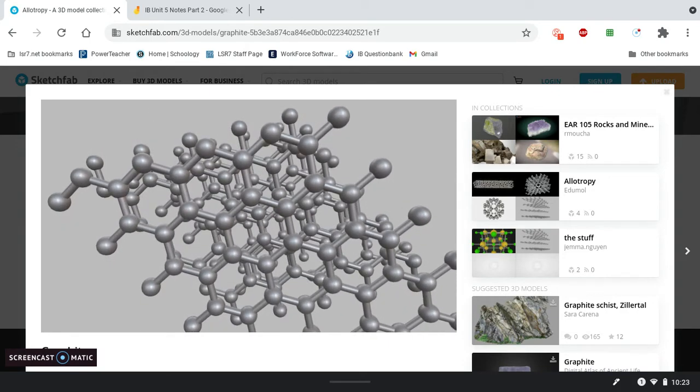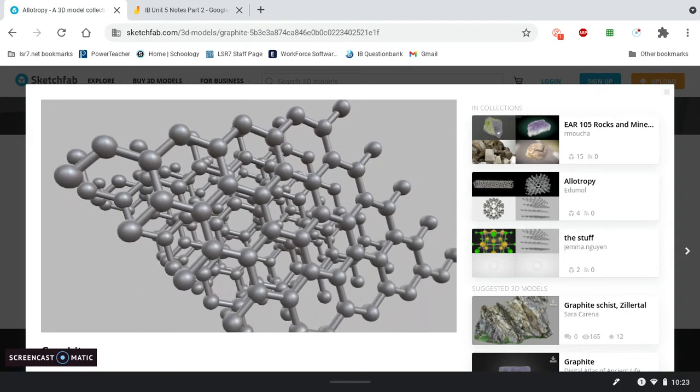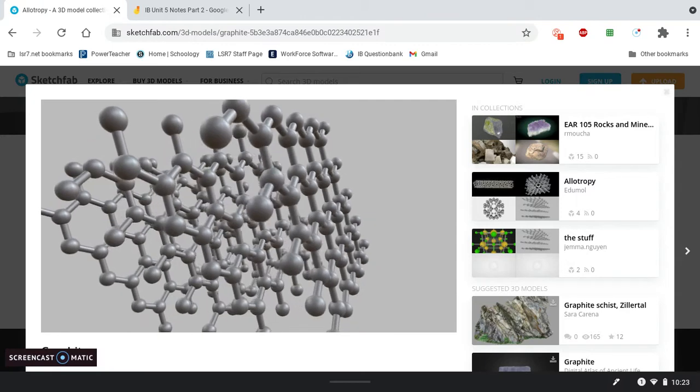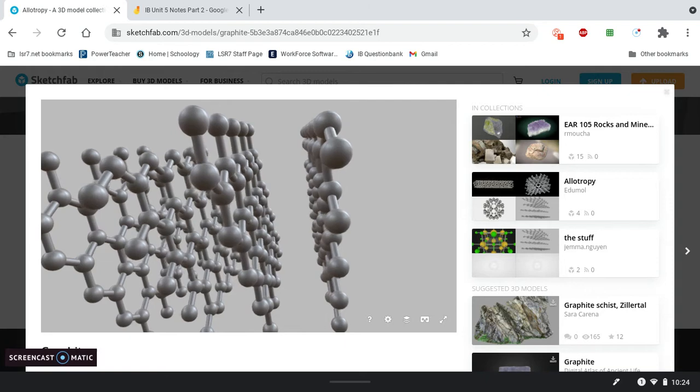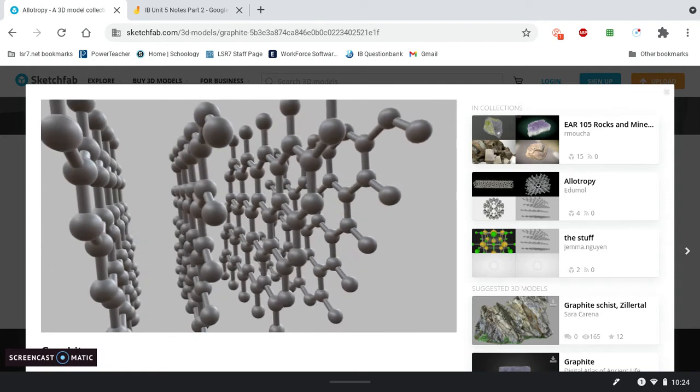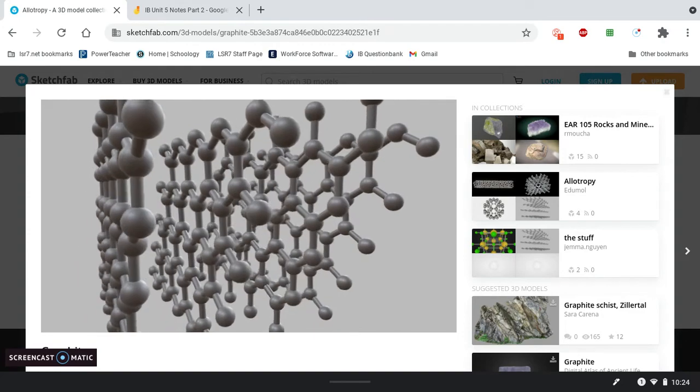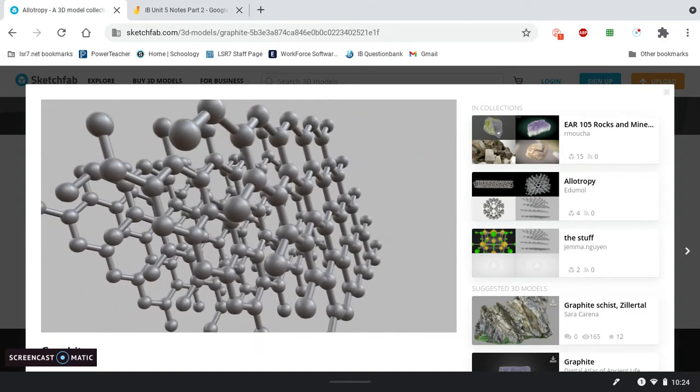So those are sets of 3. They stack in layers because they don't have the connection to hold each layer together. That's how your pencil lead works. Your graphite in your pencil is you're just rubbing off a layer of carbon into the fibers of the paper. The whole difference is 3 attachments instead of 4.